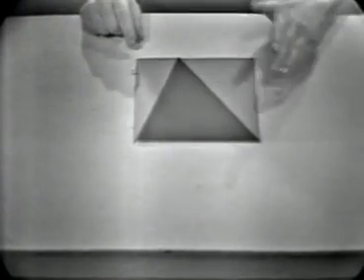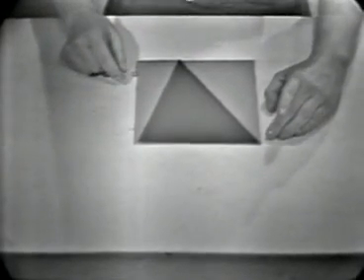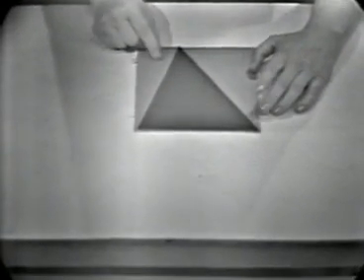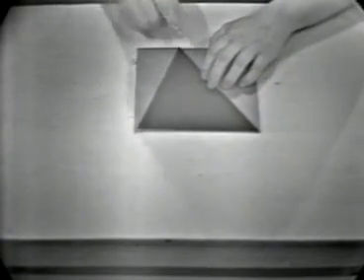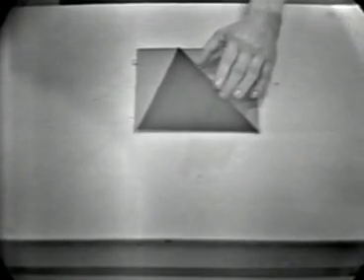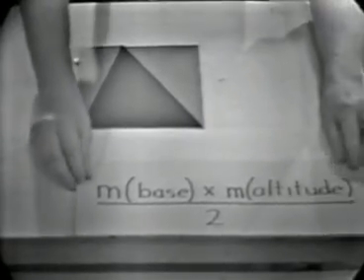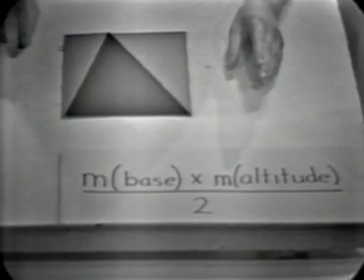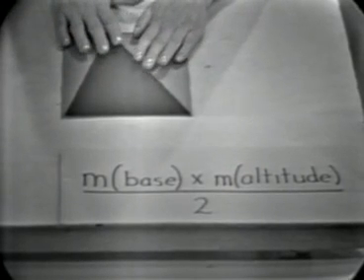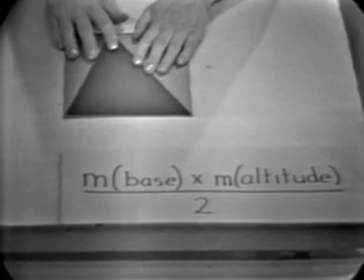The product of these two measures would then give us the area of the rectangular region. Dividing by 2 would give us the area of the triangular region. Or we can say the measure of the base times the measure of the altitude divided by 2 is equal to the measure of the area of our triangular region.